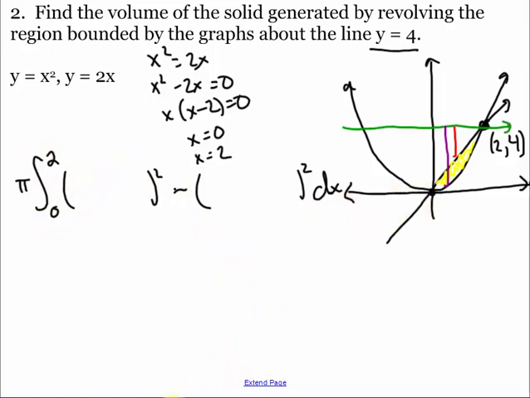Okay, so the outer radius, this piece right here, is the whole line minus the function x squared. So I have 4 minus x squared. And then the inner radius is 4 minus 2x. And as I've said before, you can just put this in your calculator. 32 pi over 5.